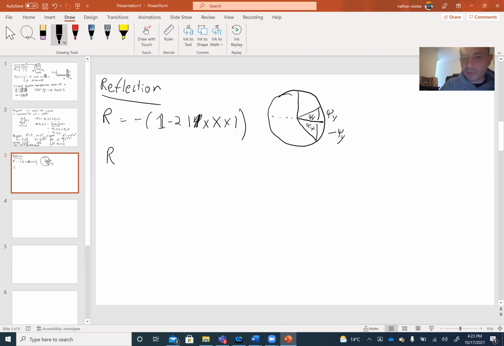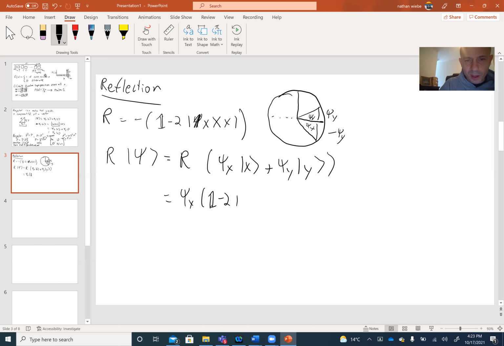If we apply the reflection on our state psi, we are going to get the reflection acting on psi x |x> plus psi y |y>, where x and y are again orthogonal vectors. So this will end up giving me psi x (identity minus twice the projection onto x) |x>, plus psi y (identity minus twice the projection onto y) |y>.